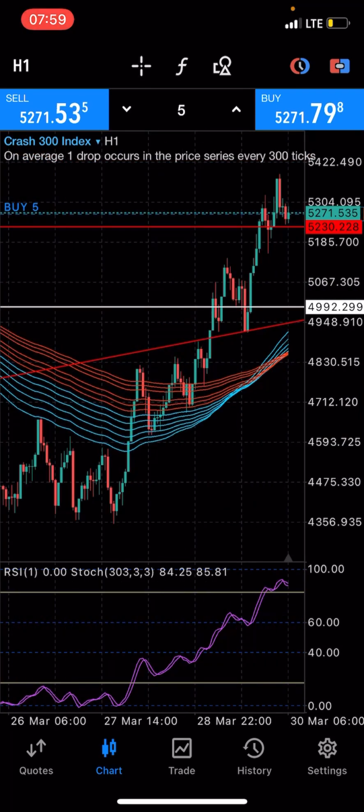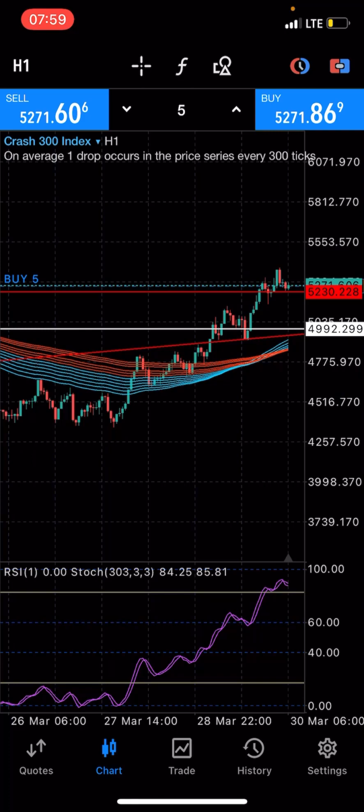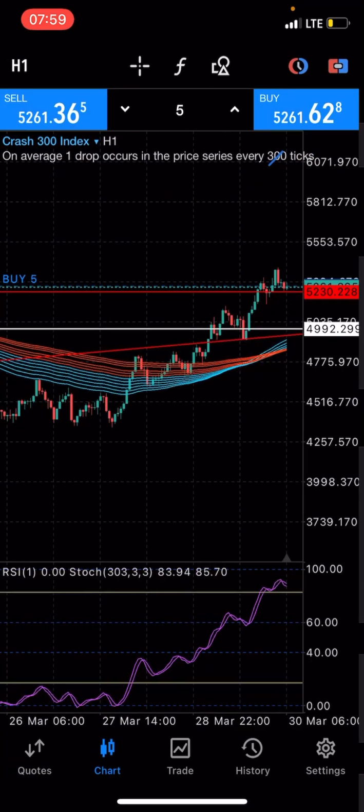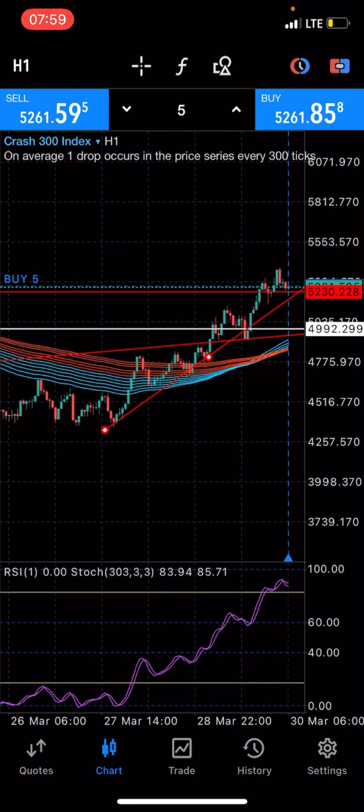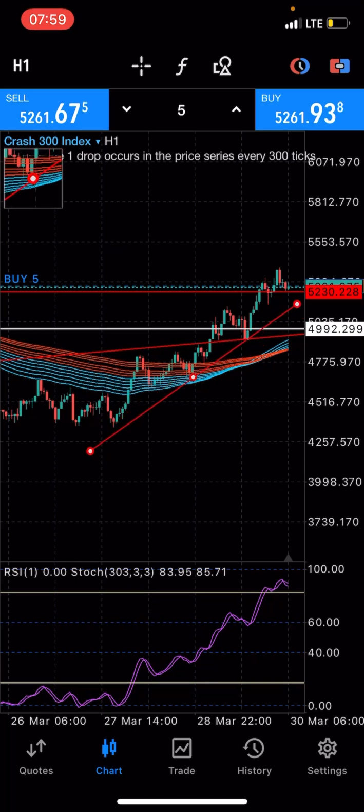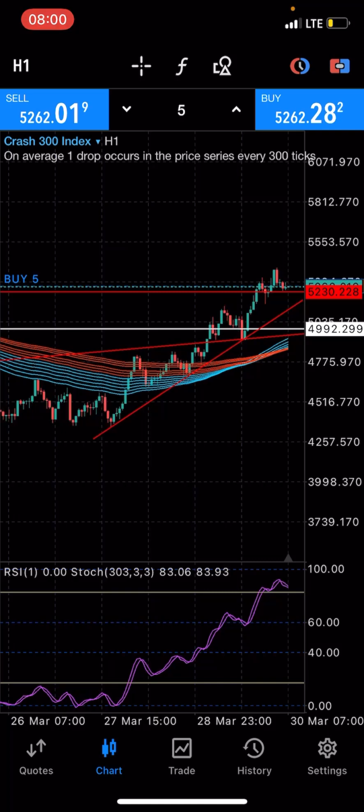Now, this is the 1 hour time frame. Now I'm just going to draw this. So it's an uptrend now. You've seen that. Now I'm going to find zones. What are my zones?